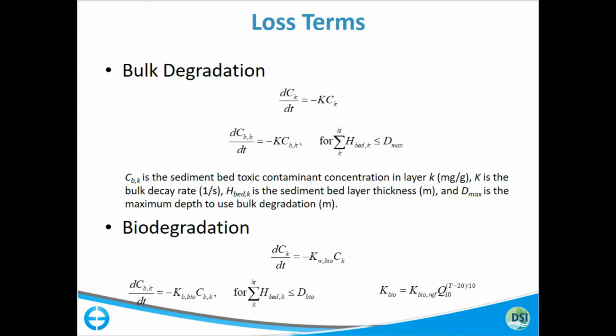Now, as far as the temperature goes, right now there's only a single temperature available for the sediment bed. If bed temperature is not simulated, so it doesn't vary, it just uses the temperature of layer 1 from the water column above.